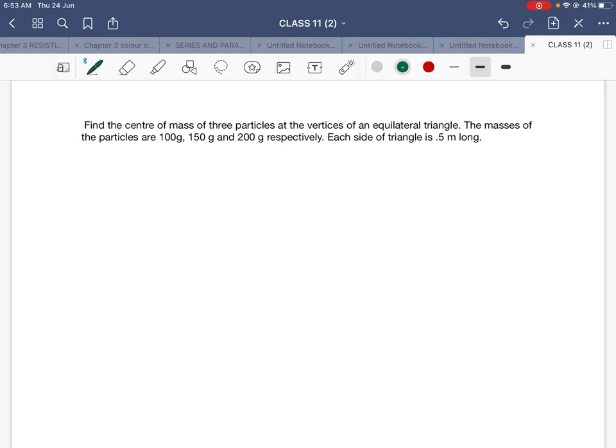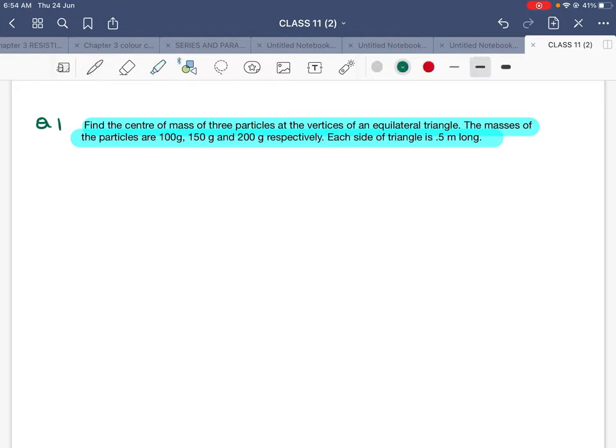First of all, consider question number 1: find the center of mass of three particles at the vertices of an equilateral triangle. The masses of the particles are 100, 150 and 200 grams respectively. Each side of the triangle is 0.5 meter long. Now we have to find the position of the center of mass.